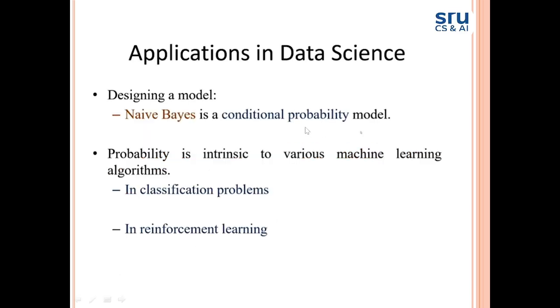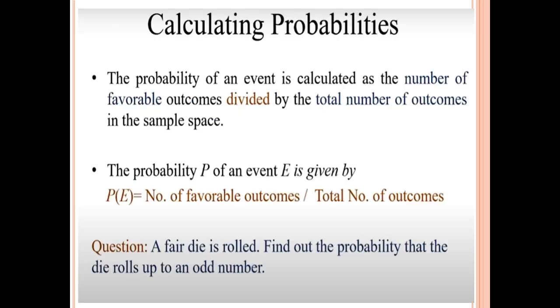Now, applications in data science. In designing a model, naive Bayes is a conditional probability model. Probability is intrinsic to various machine learning algorithms. We are using this in classification problems and reinforcement learning. How do we calculate the probability?